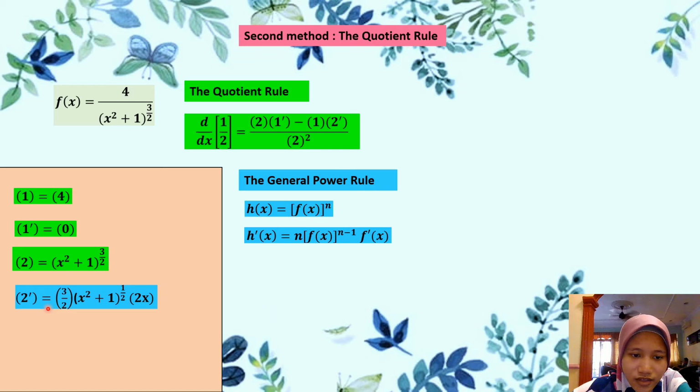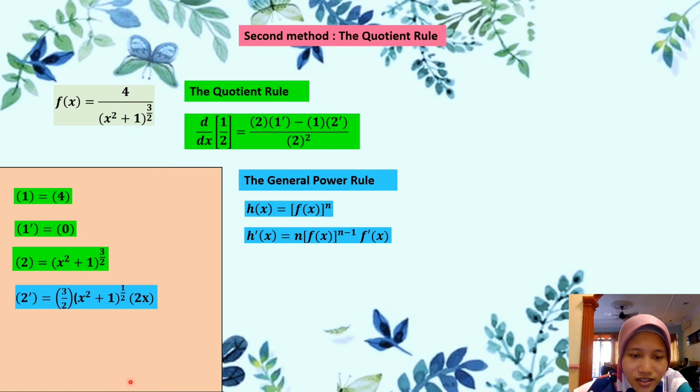Then use the technique to find 2 prime. n is 3 over 2, f(x) is x squared plus 1, and n minus 1 is 3 over 2 minus 1, which gives 1 over 2. f prime x is 2x. To find f prime x, we differentiate x squared and get 2x, bringing the 2 in front of x.